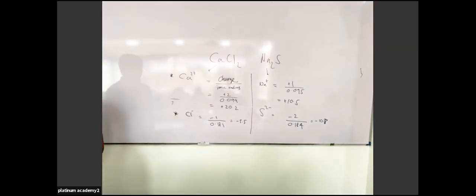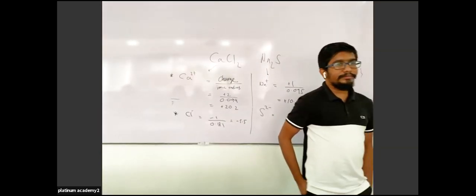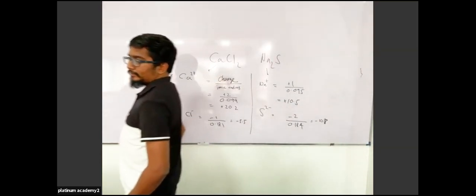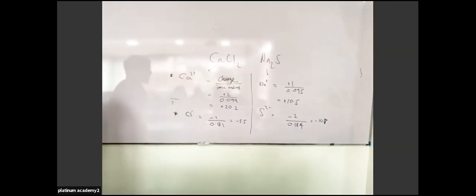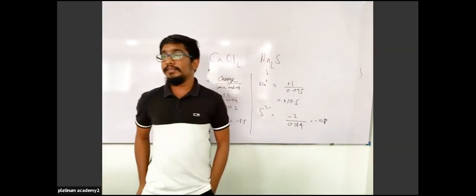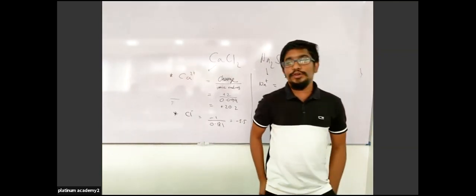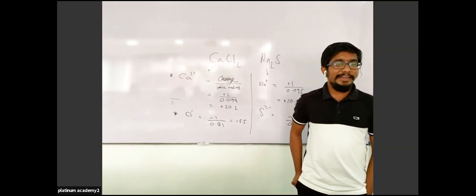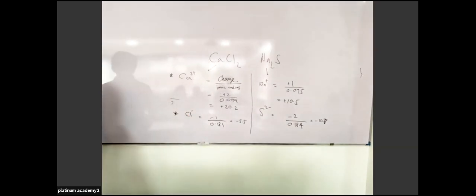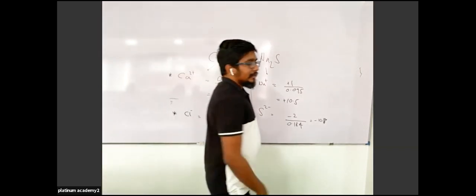It's almost twice, right? Therefore, electrostatic attractions in calcium chloride and sodium sulfide, CaCl2 and Na2S, are similar.